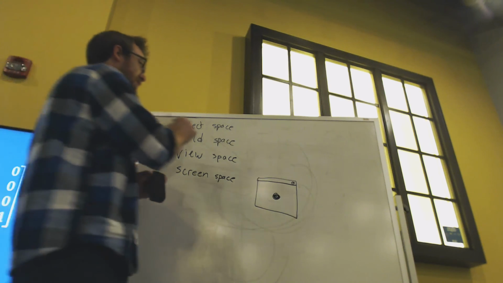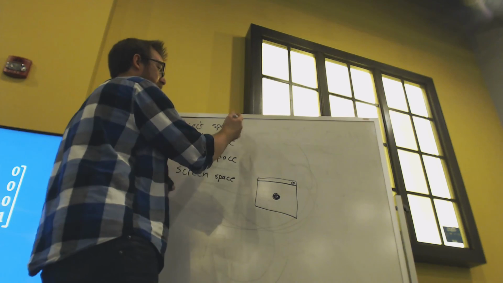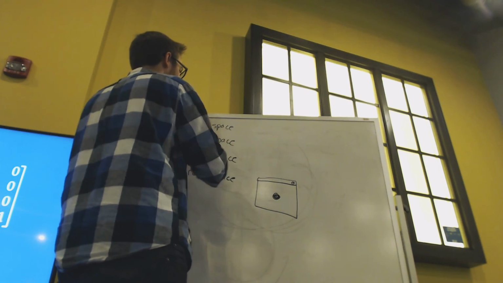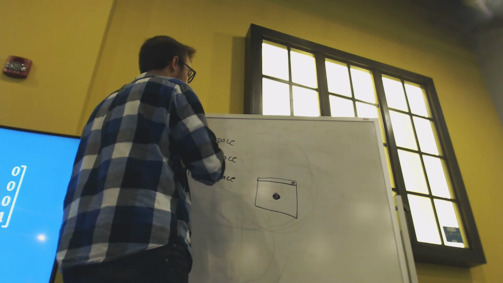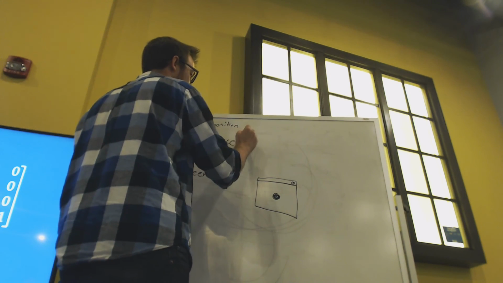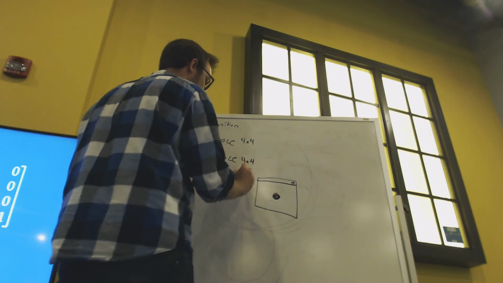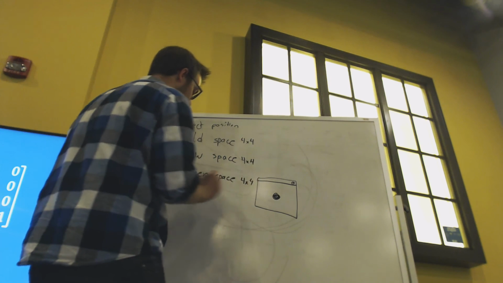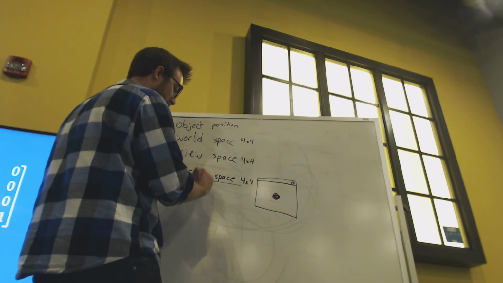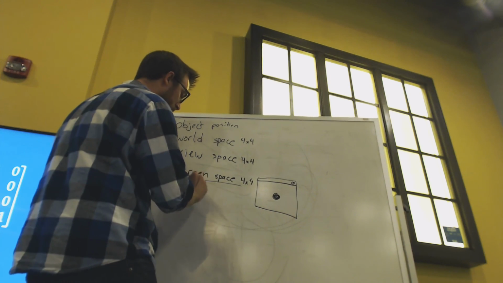Okay, so each one of these, other than object space, which is just relative to the object alone, to convert this object's position, you multiply it by each one of these 4x4 matrices. To get to screen space, you multiply it by a projection matrix.